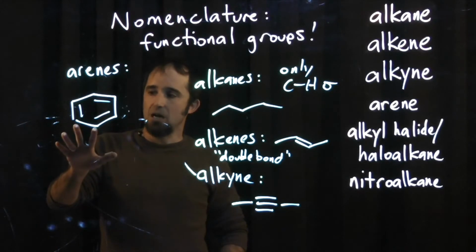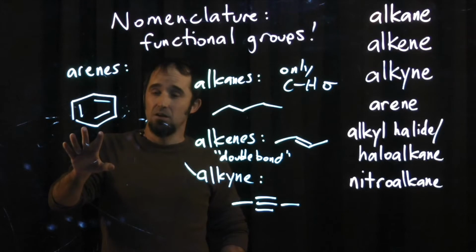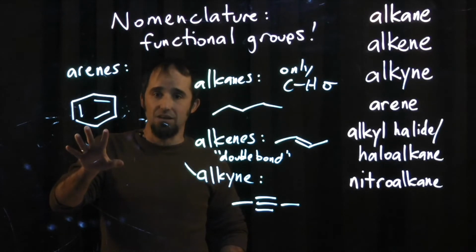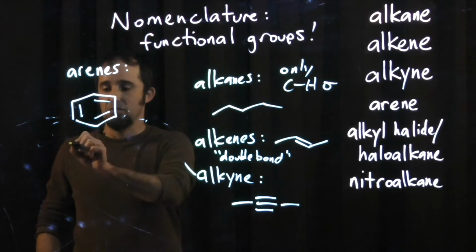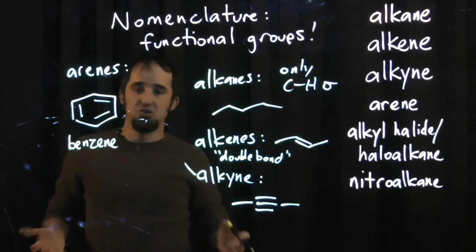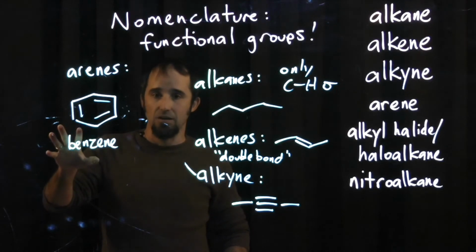You'll see this come up again and again in biochemistry, in medicinal chemistry. Just about every drug you can name has some arene unit in it somewhere. The parent molecule is called benzene, but the general case of compounds that are benzene-like we call arenes.